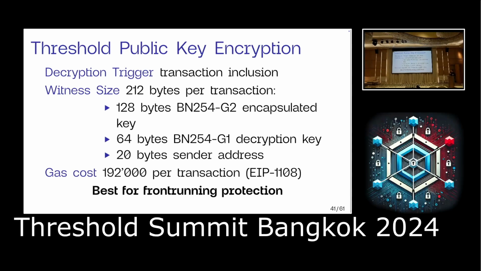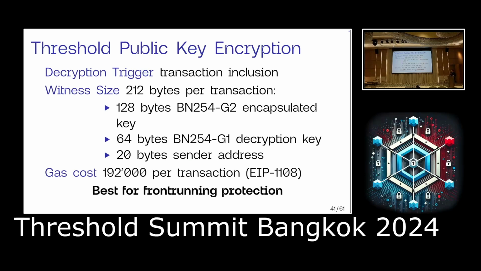Now, comparing the methods to each other, what we get for threshold public key encryption is that what triggers decryption is the inclusion of the transaction in a finalized shadow block. How much data do we need to add to verify the re-encryption?